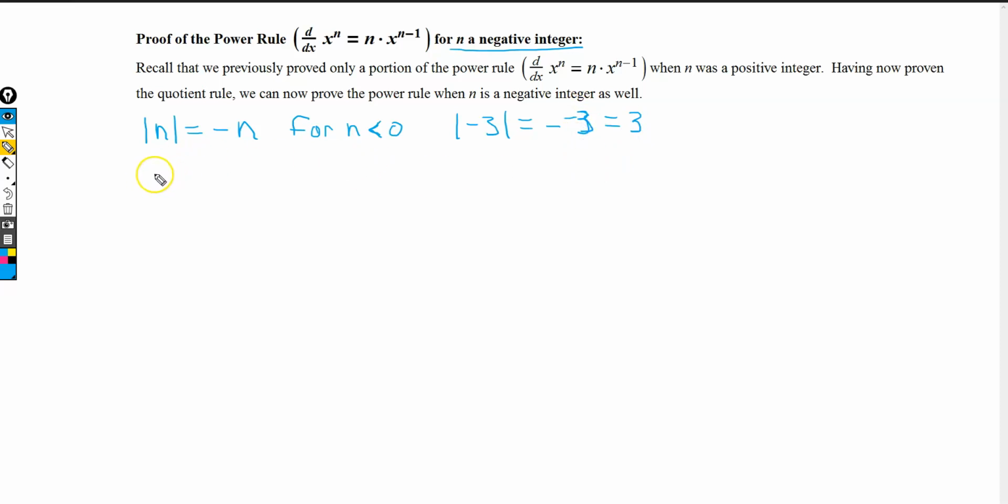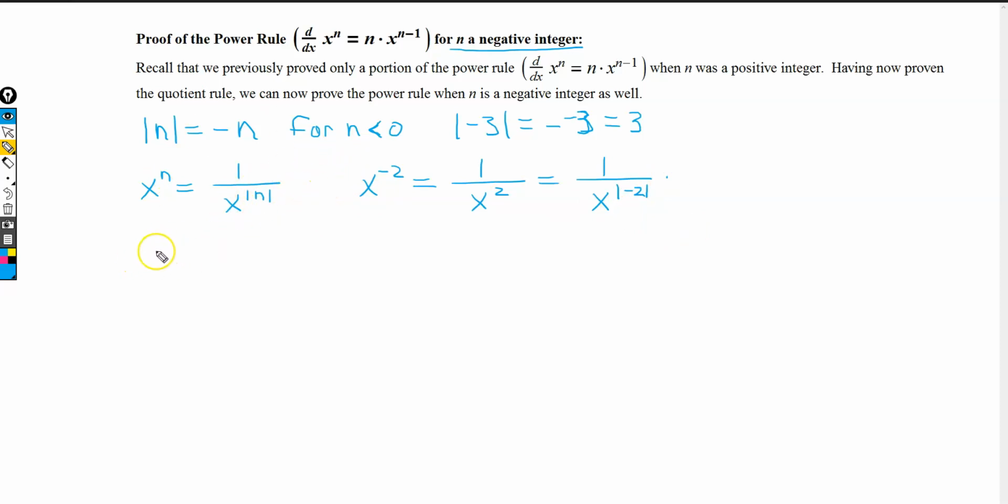And let's also note that x to the nth power is then going to be 1 over x to the absolute value of n. For example, if I look at x to the negative 2, in this case n would be negative 2, that's going to be 1 over x squared, right? Which is, of course, 1 over x to the absolute value of negative 2. All right, so keep this in mind as we're going through our proof.